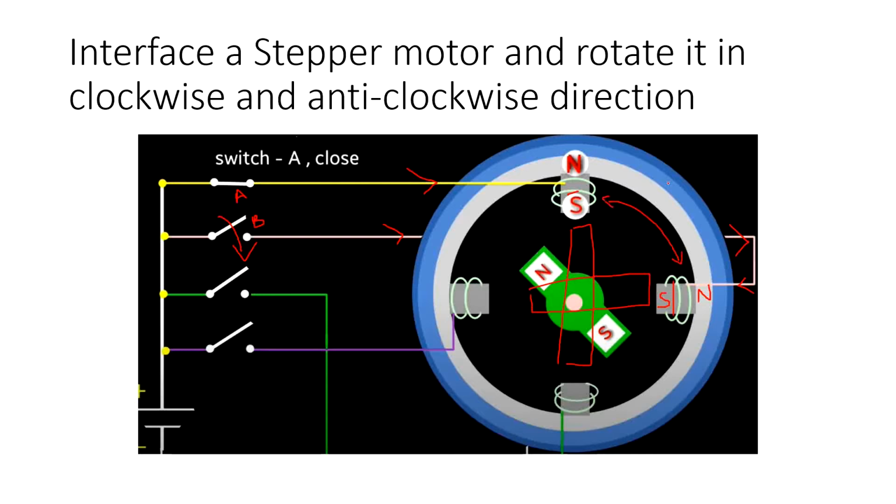The two magnets are around 90 degrees. So the rotor is rotating in steps, again 90 degrees. So that's why we call it a stepper motor. This is how a stepper motor can rotate in a clockwise and anti-clockwise direction. Okay, so thank you.